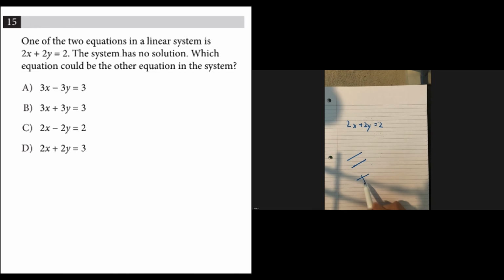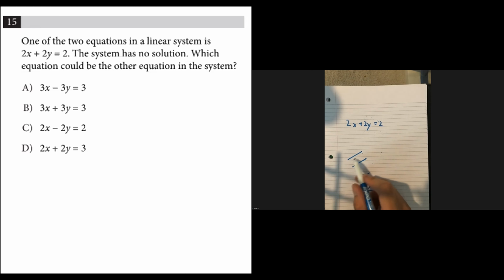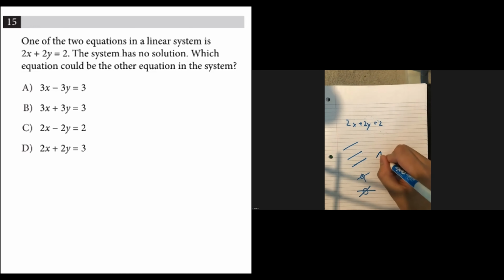If they were perpendicular or anything else, they will have one solution at some point, but they must be parallel and they cannot be equal. So they can't just be the same exact line, because that would mean all real solutions. And so looking at the answer choices, the only one that is parallel would be answer choice A.